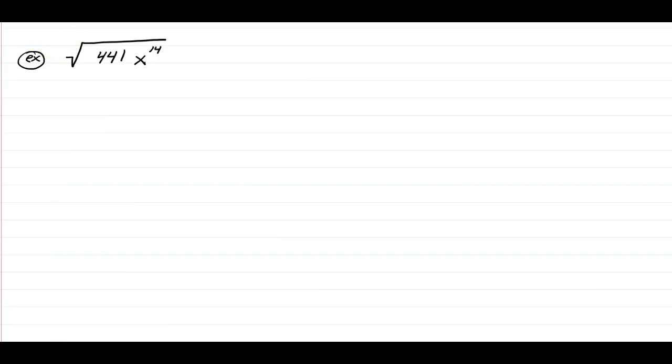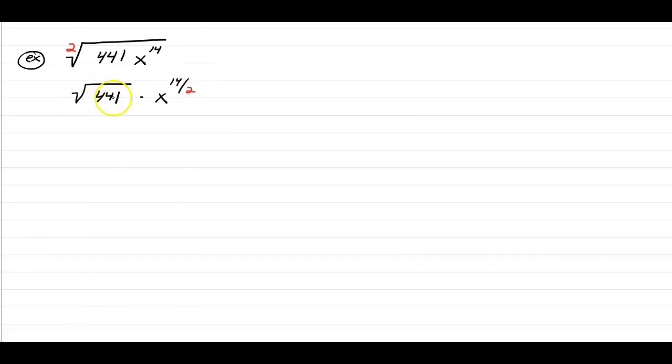Alright, so our next problem has an even index, so I have to be concerned about the absolute value. Again, I'm going to break this up into 2 problems. And so it's the square root of 441, and here I'm just going to write this as x to the 14 over 2.